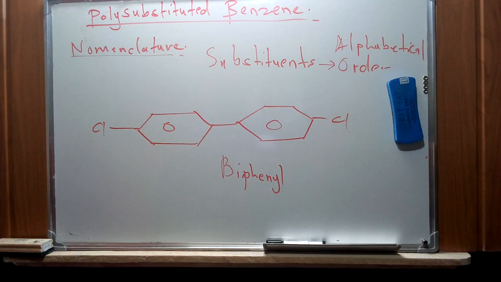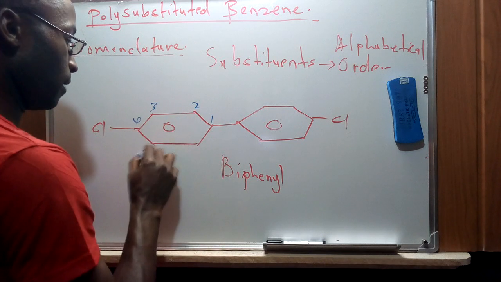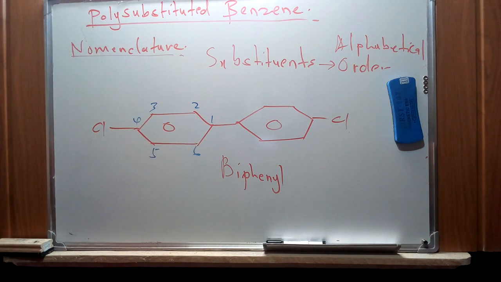Now there's a unique naming for this kind of compound, in a sense that we are going to have numbering for the first ring, that is from this point 1, 2, 3, 4, 5, 6. But for the second phenyl group that has got the same priority as this first one, because it's also having a substitution at that point, the chloro, we're not going to consider the alphabetical order, nor are we going to consider priority, because the two are similar.